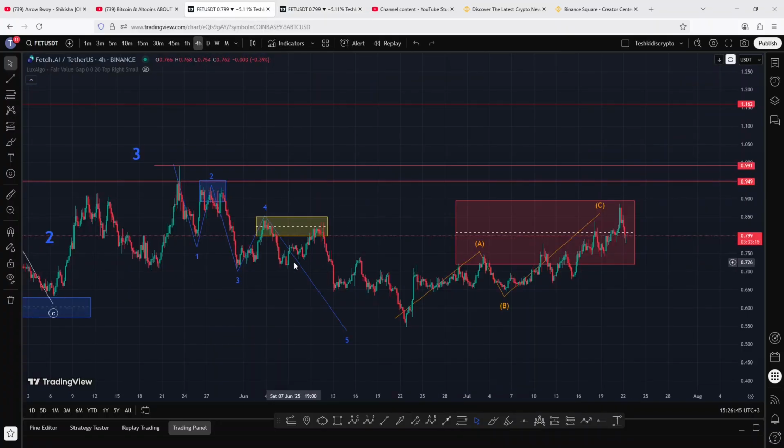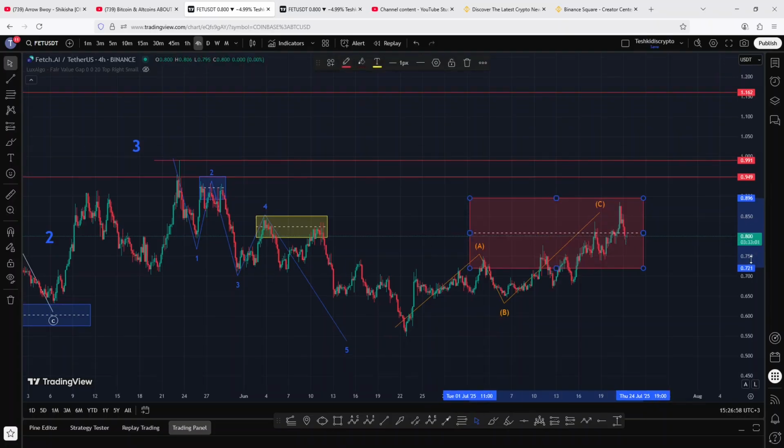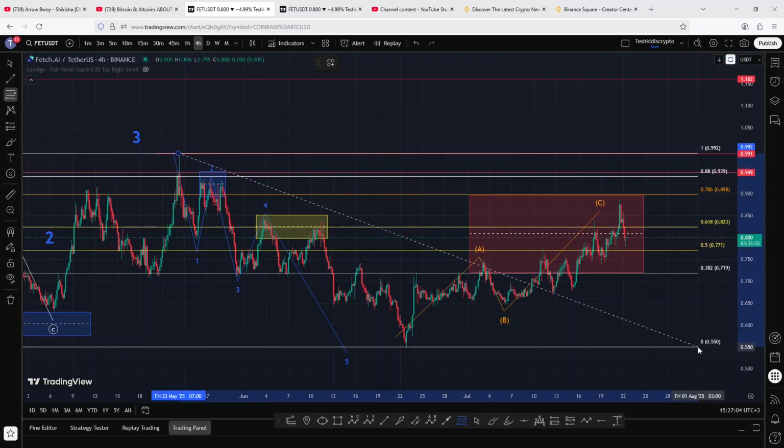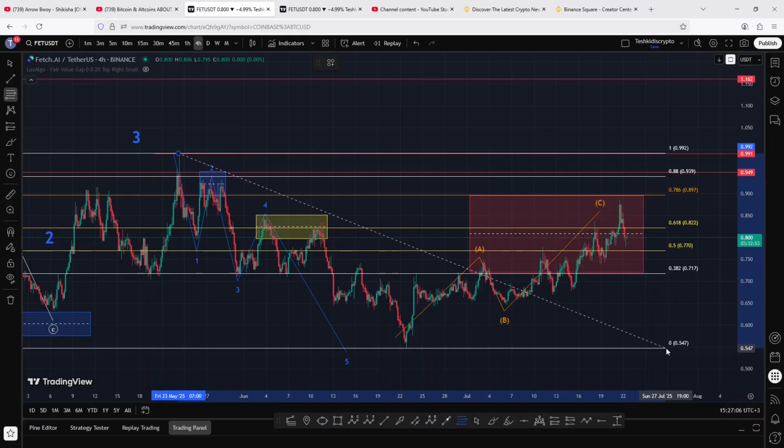And using the 4-hour chart, you can see that we are now getting rejected within a key area of resistance over here between the 0.896 and the 0.721, and that is the red target area over here, a target area that I came up with by connecting the Fibonaccis from the highs we made above the 0.995 to the lows we made in that pullback over there.